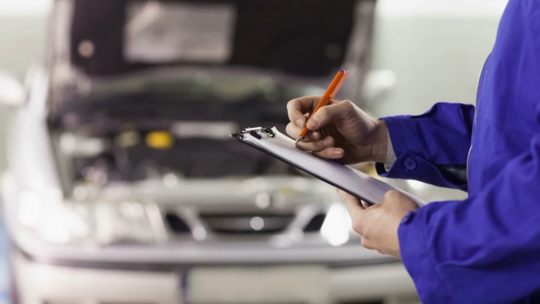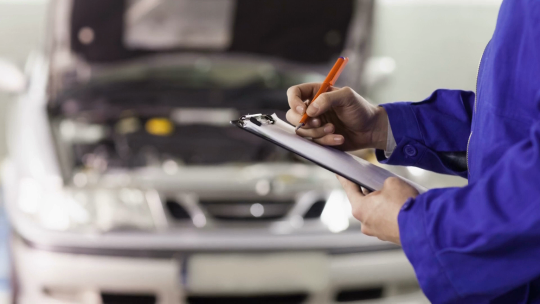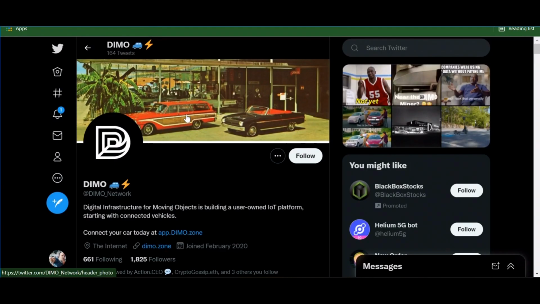Newer cars, they don't want you hooking up electronics, chips hacking into the system, like increasing your horsepower. He goes, you hook that up to your car's OBD2 port, it's going to void your car's warranty. So you got to think how many tokens you're going to earn. What's more worth it, your car's warranty or earning these extra tokens?